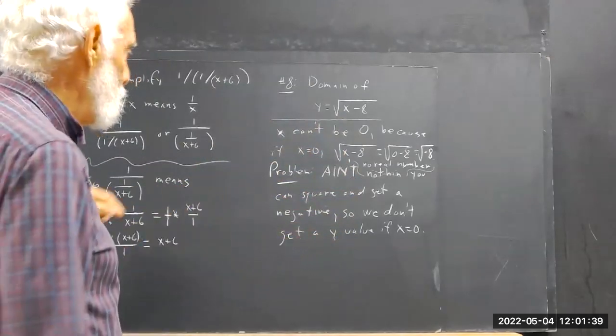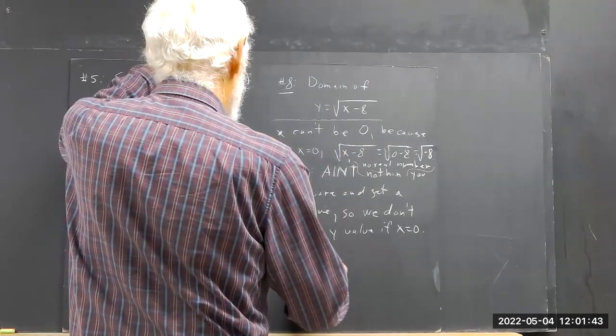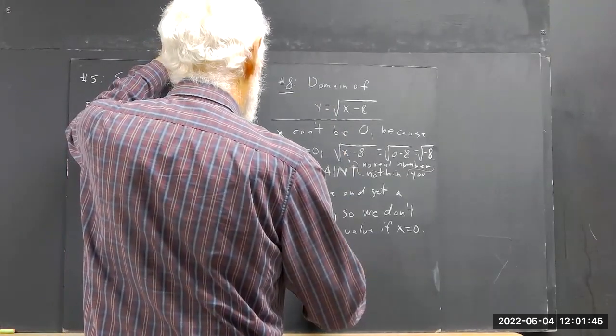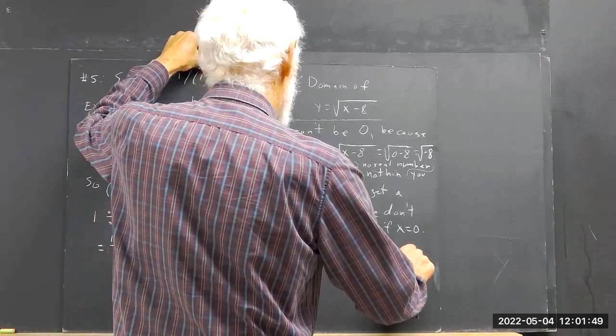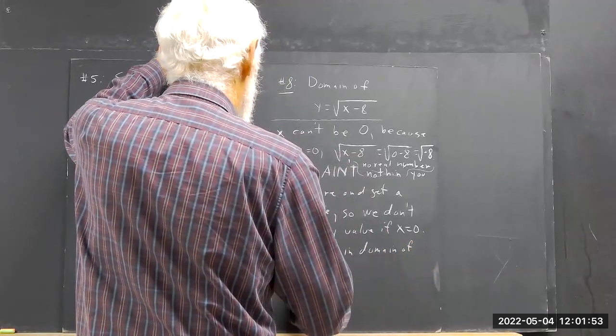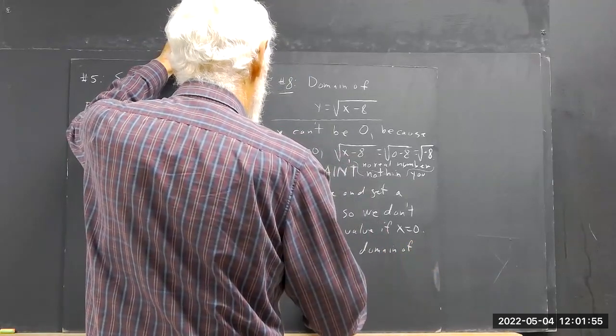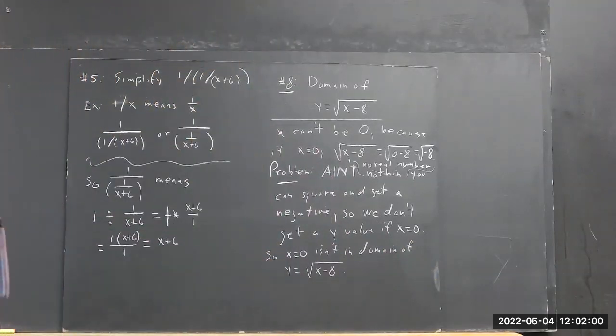So x equals 0 isn't in the domain of y equals the square root of x minus 8.